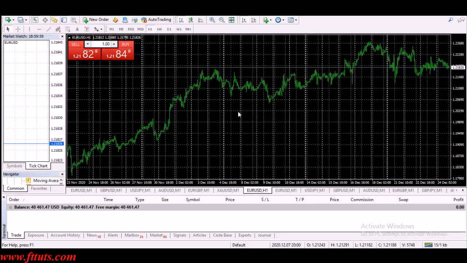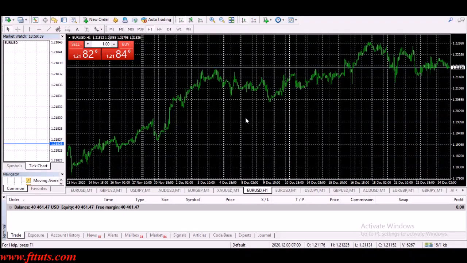When you open an account with your broker, ask that you want to trade on MetaTrader 4 and it will be available for you. You can also download it from their website. If you just search for their website on Google, you will be able to download their platform MT4. It's one of the oldest and the most popular and the best.